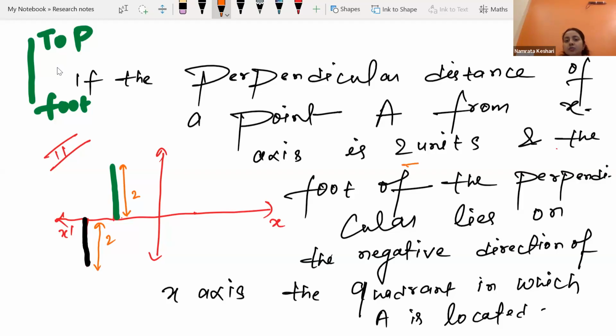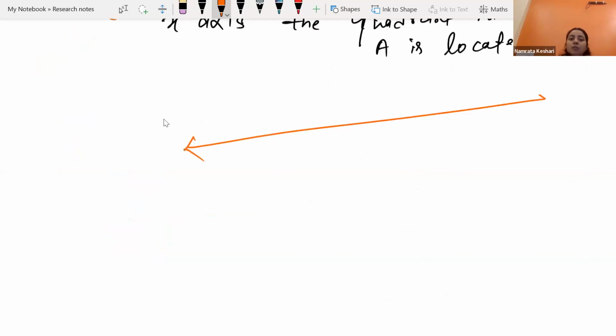So 2 doesn't represent that we are having the positive 2 as a y coordinate. It can be negative 2 also. On a number line, if you have 0 over here and suppose -4 over here and there is a point A here, then you will say that the distance of A from point O will be 4 unit, 4 unit distance towards the left of O.